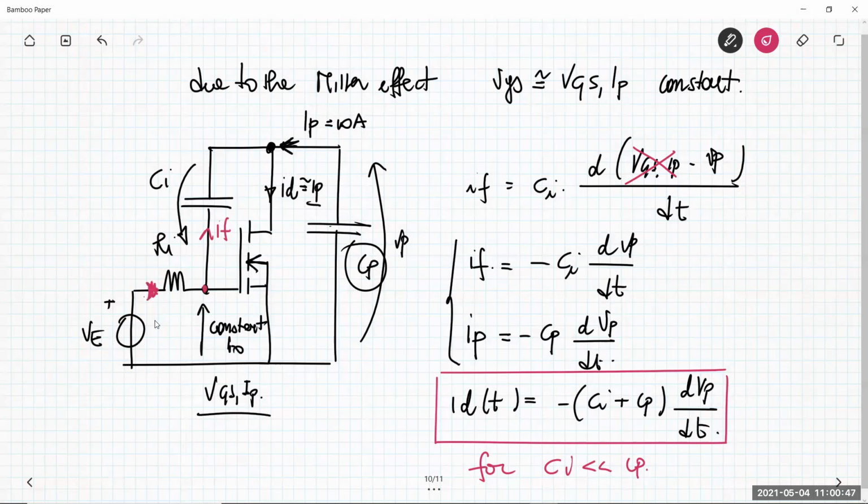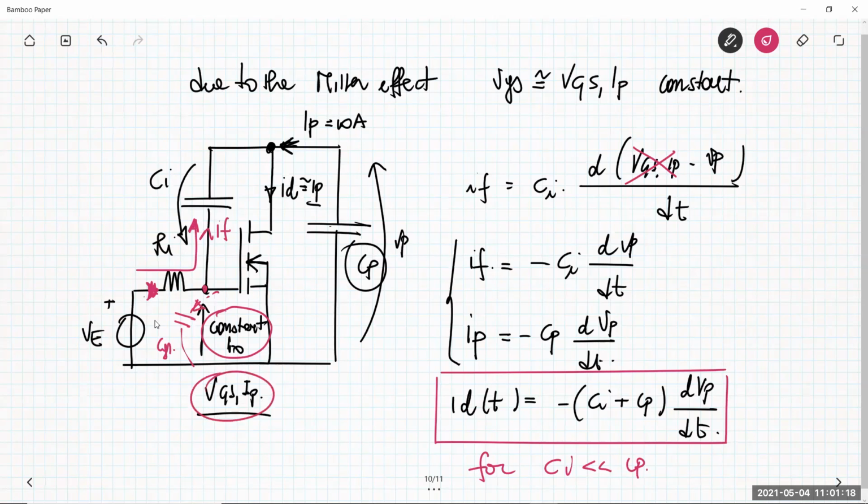The current flowing through this resistor Ri basically is the same current flowing through IF here, because this constant voltage avoids any current flow through the internal capacitance, the CGS of the MOSFET. Remember that here you have a parasitic capacitance, which is called CGS, but this CGS is subjected to a constant voltage, so no current can flow here.